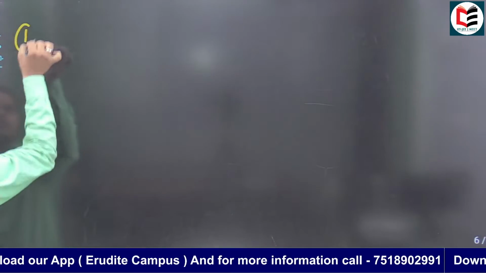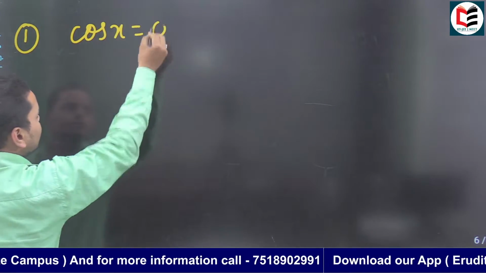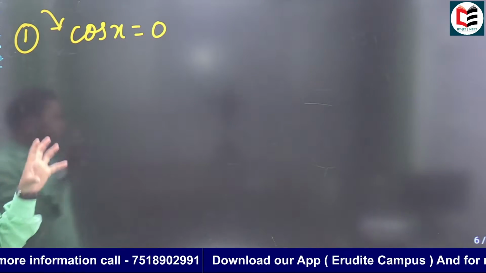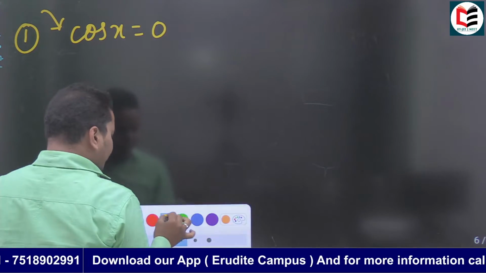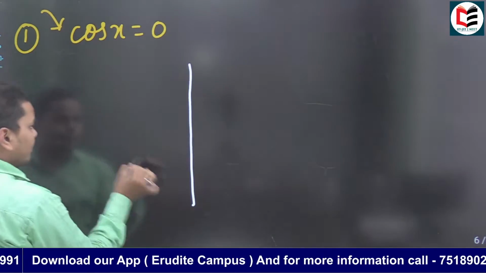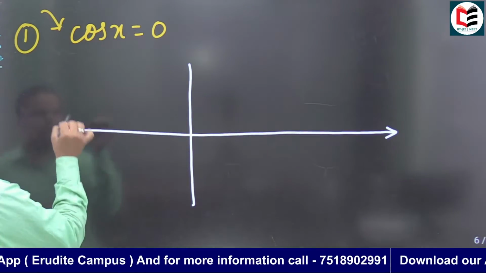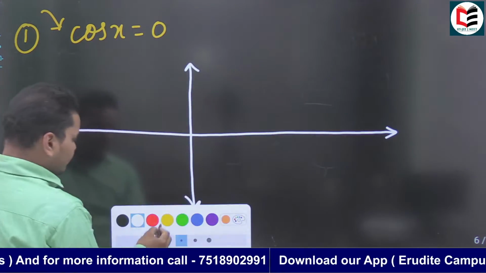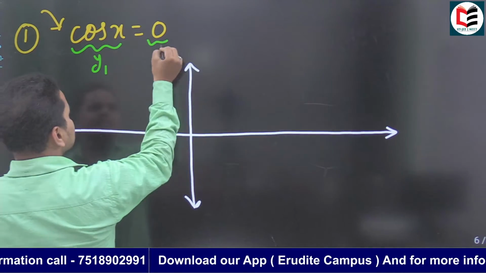First, solving the first trigonometric equation, that is cos x equal to 0. By solving this equation, you can get the solution, but I will solve it by a very basic method, that is the graphical method, not the analytical method. Let's assume that this is y equal to 1 and this is y equal to 2.